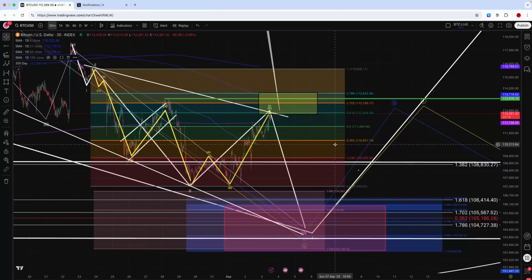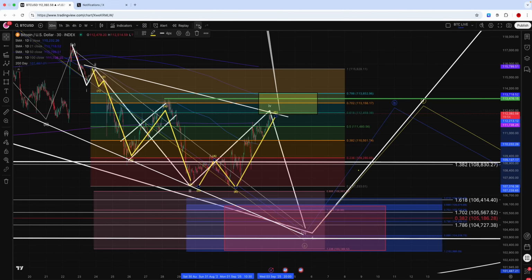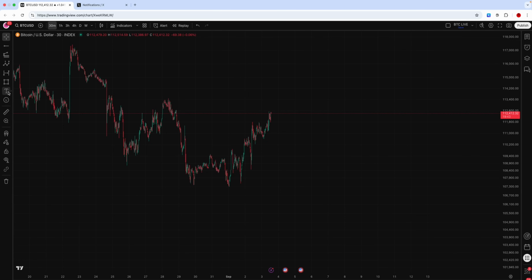But remember, if the price ends up getting knocked back down below the 100-day at 111,738, and especially the 9-day at 110,232, then it would be extra confirmation that this is just a subwave 4 of 5 of our C wave, and this isn't the bottom. Remember, we're going up here in a 3-wave move. Look over here. You see this?